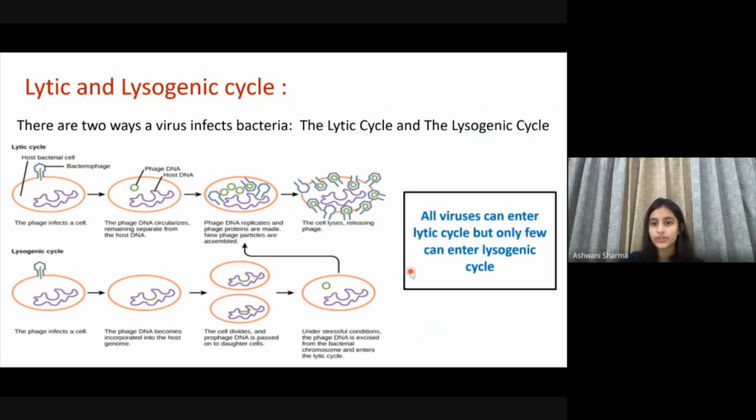It should also be noted here that basically all viruses can enter the lytic cycle. They'll go inside their host and then they'll reproduce, they'll multiply, and then they'll burst. But only very few viruses can enter this lysogenic cycle.